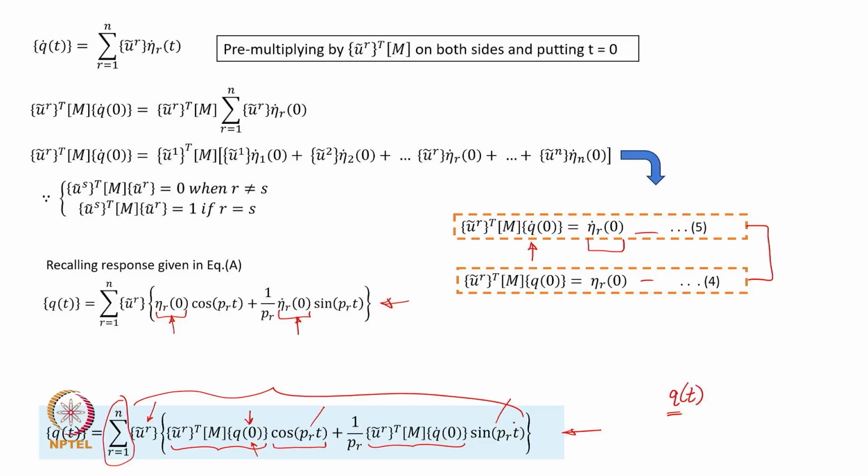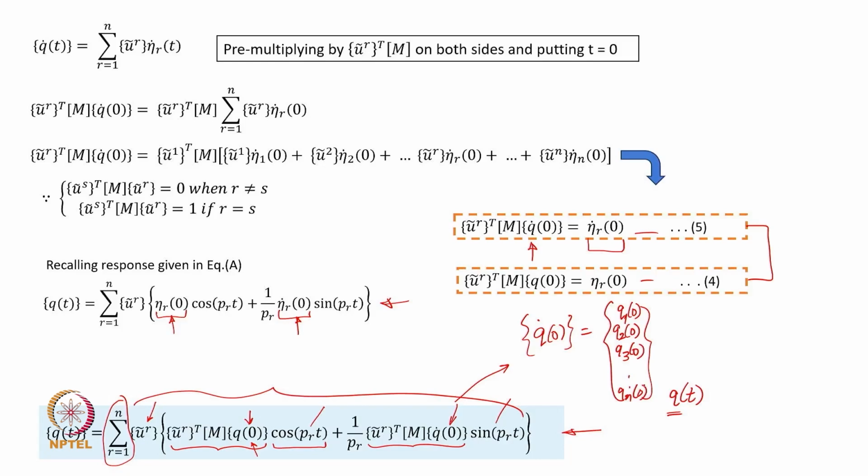Is there anything that is unknown here? You will already be prescribed how you are initially exciting your system, so this is completely known. Also, you should make a note that this q naught or q naught dot is actually a vector which comprises how mass 1 is initially moved, how mass 2 is initially moved, how mass 3 is initially moved, and how the nth mass is initially moved.